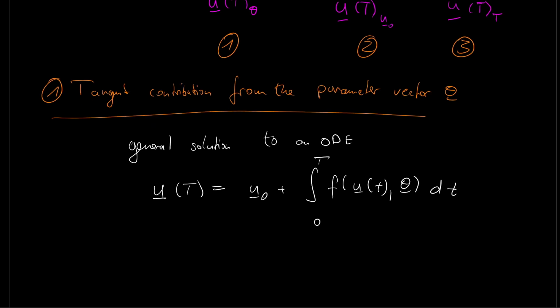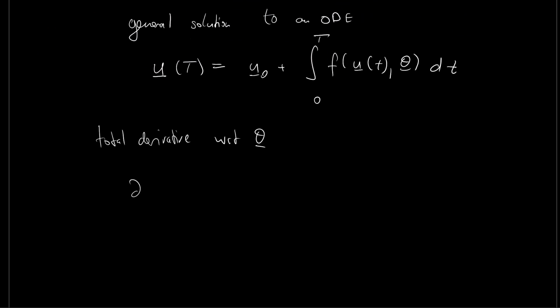Now we want to take the total derivative of this expression with respect to the parameter vector theta. What we will get is the derivative of u at capital T with respect to theta, which is the derivative of the initial condition with respect to theta, plus, and then our derivative operator propagates over the integral because both are linear operators and the limits do not depend on theta here. Then we have the derivative of f with respect to theta.